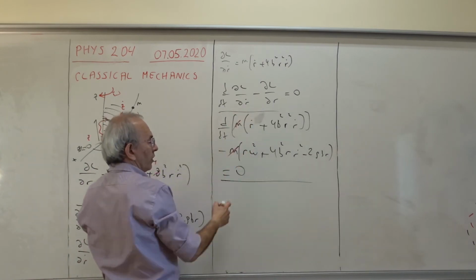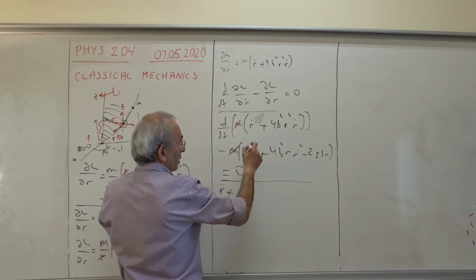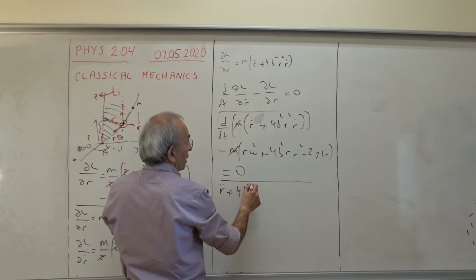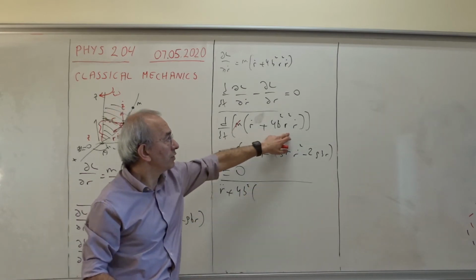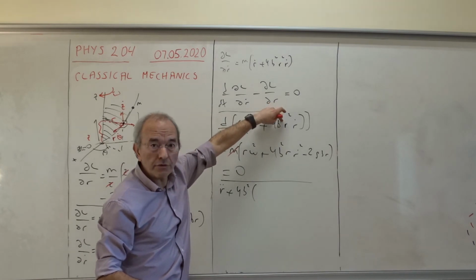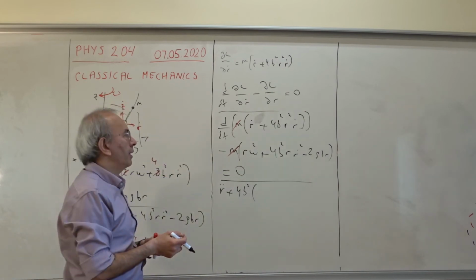If you take one more time derivative, it will be r double dot plus 4b squared multiplied by the time derivative of these things. Derivative of the first times the second plus derivative of the second times the first, the same idea.